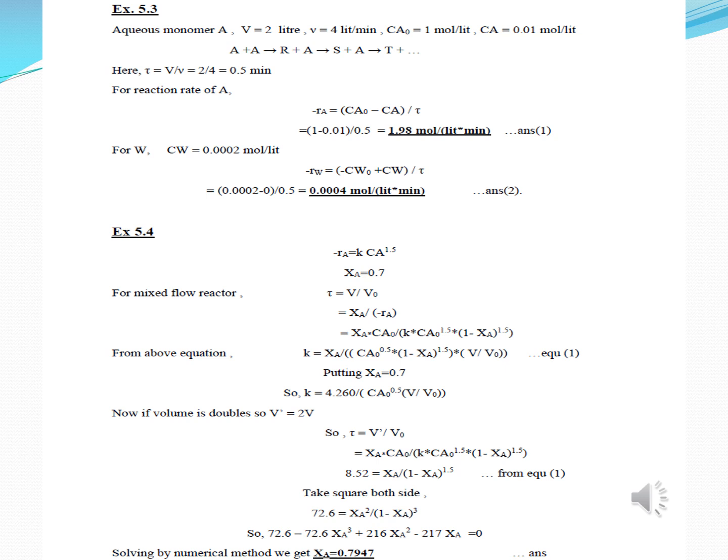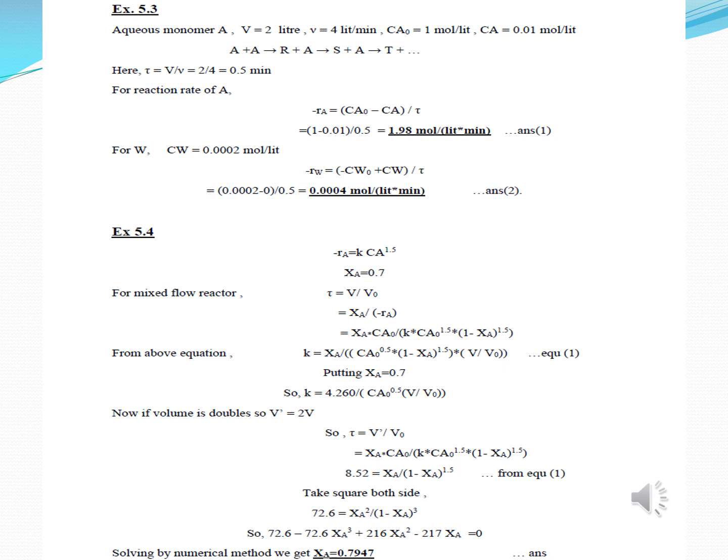Again, we have to calculate the conversion, how much conversion we will get if we increase the volume 2 times. So the new space time is V prime divided by V naught, and we again expand it. The space time is also equal, according to the given conditions and the performance equation, to V Xa multiplied by Ca naught divided by k into Ca naught to the power 1.5 into 1 minus Xa to the power 1.5.